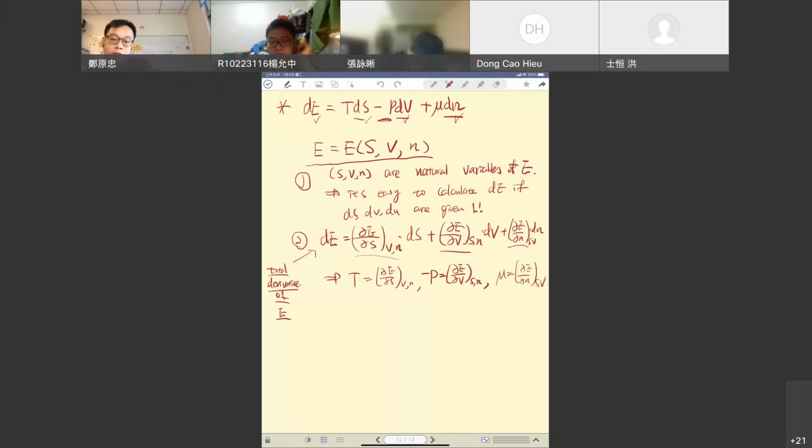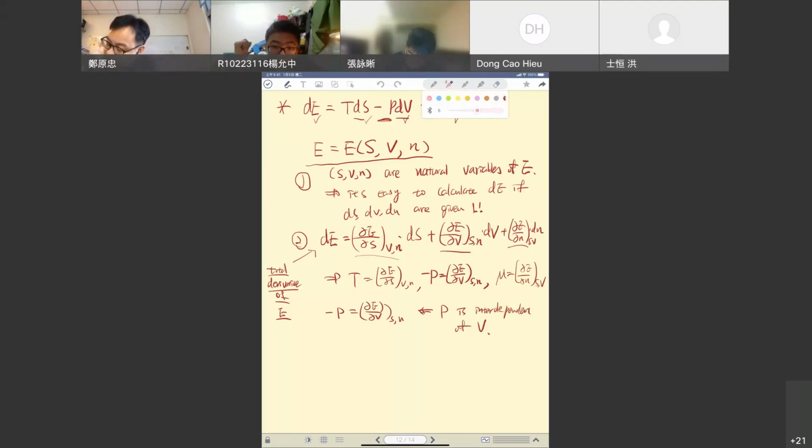This is very useful actually, and it contains a lot of mathematical information. For one thing, because minus P is partial E partial V at fixed S and N, this means P is interdependent with V. So this pressure actually depends on V. How?